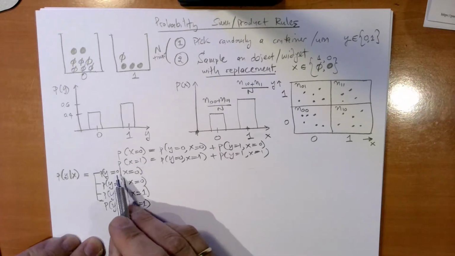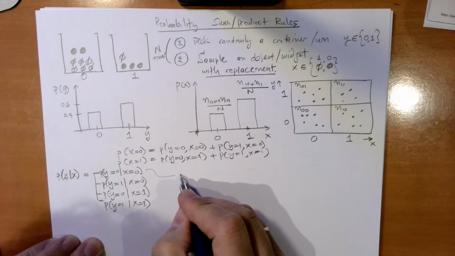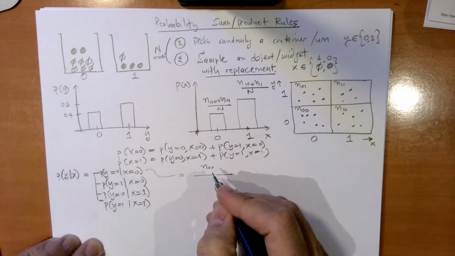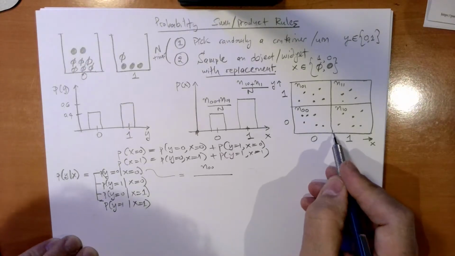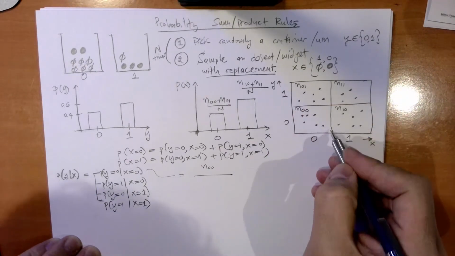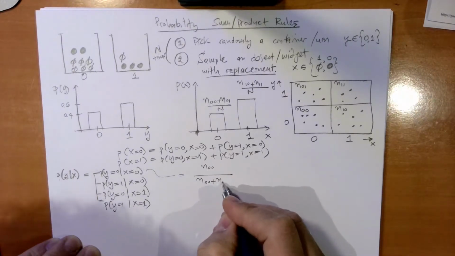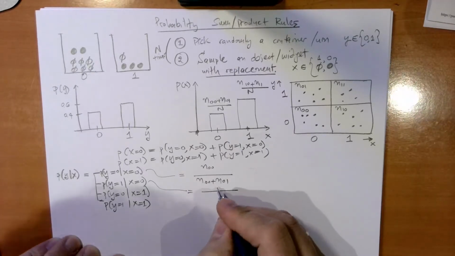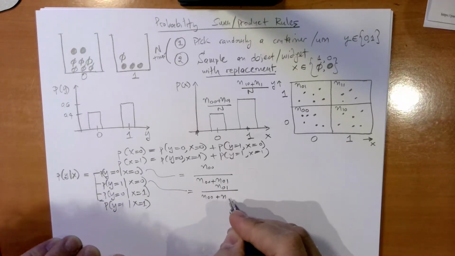We have 4 components, and it's easy to start quantifying them. What is the probability of y equal to 0 given x equal to 0? This first component is n0,0 divided by, because x is always equal to 0, the sum, just like we have done over here, n0,0 plus n0,1. The next component is n0,1 divided by n0,0 plus n0,1.